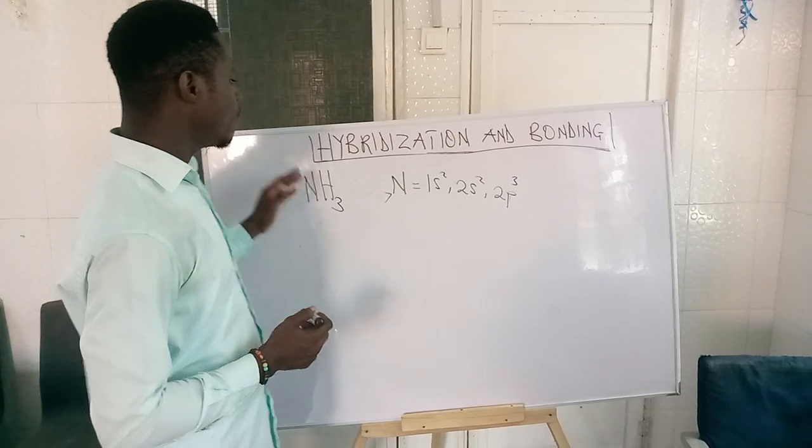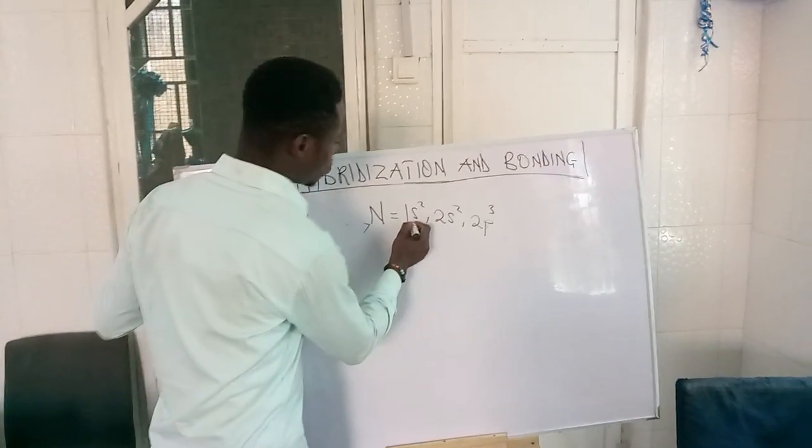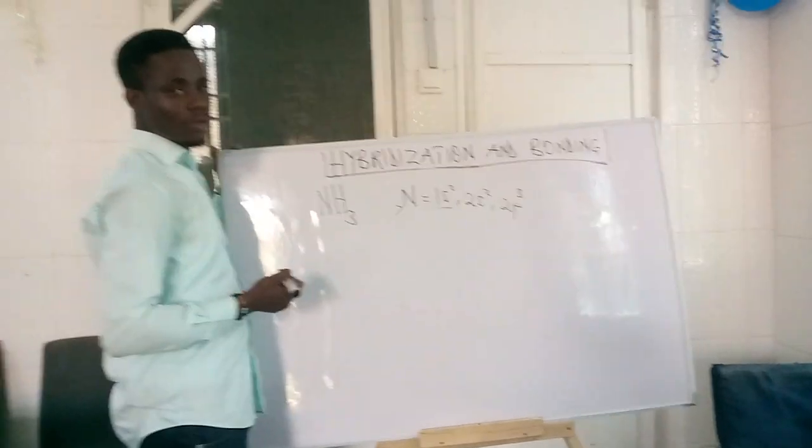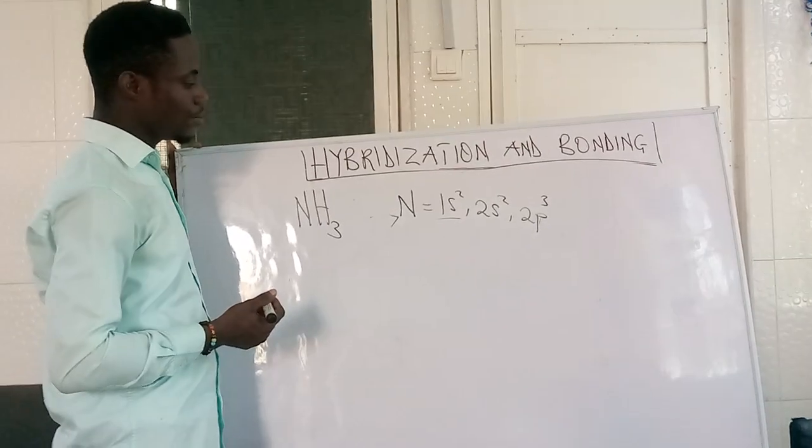However, we have said several times that we don't use the core electrons in chemical bonding. We only use the valence electrons.